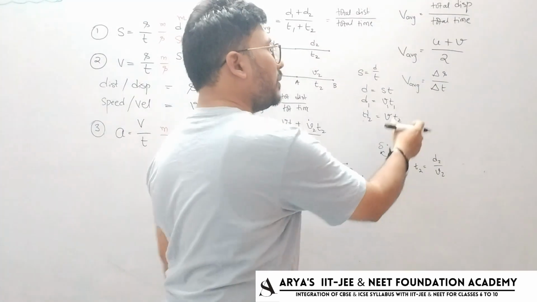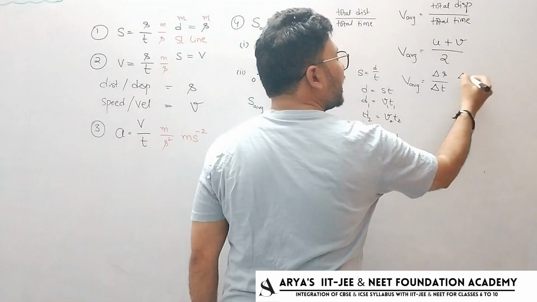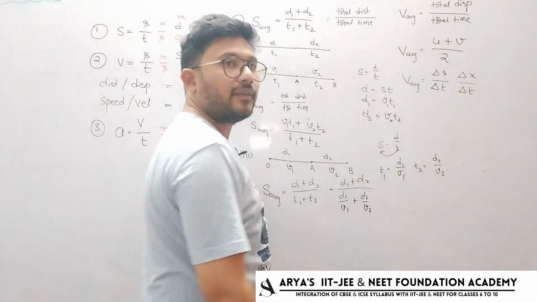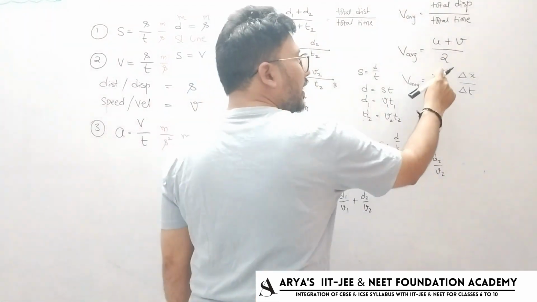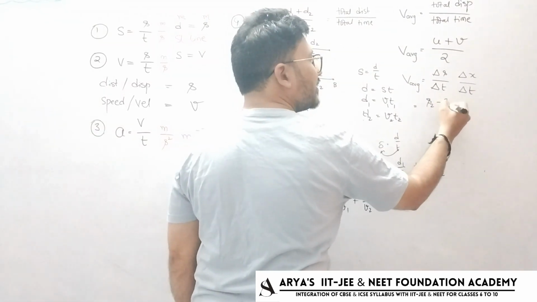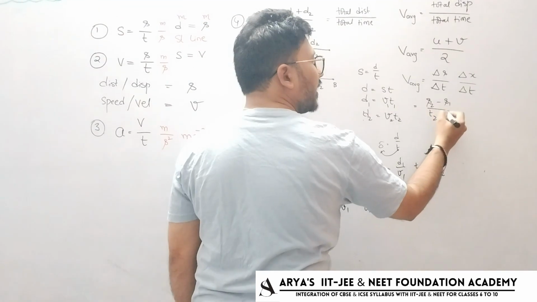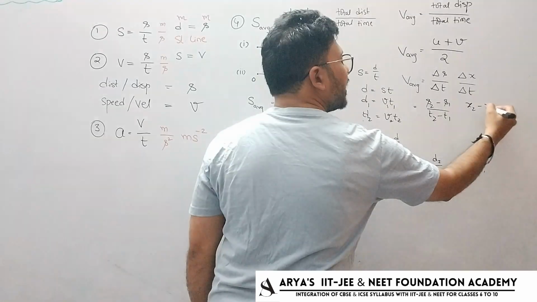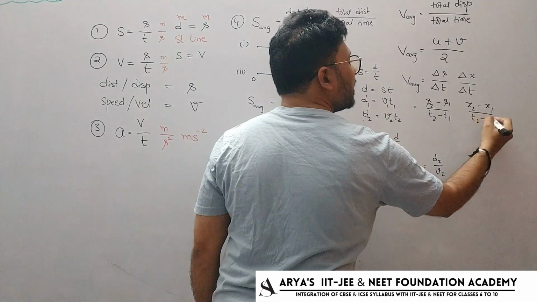Sometimes it will be delta x by delta t also. That is also correct. If they give delta s by delta t, you can write it as S2 minus S1 by T2 minus T1. If they give delta x by delta t, x2 minus x1 by T2 minus T1.